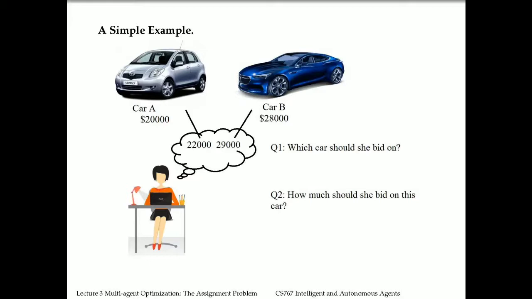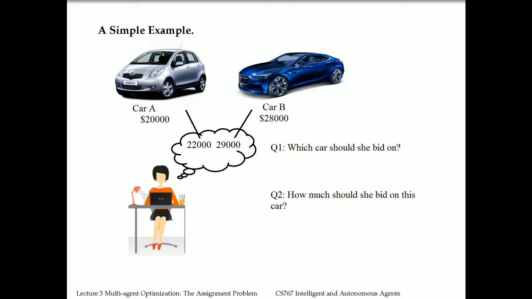We have this bidder who's looking at two cars, car A and car B, and imagine we have an ongoing auction where car A is currently valued at $20,000 and car B is valued at $28,000. And imagine that for this agent, there is a local reward that the agent will get out of these two cars, and the agent knows the local reward well.